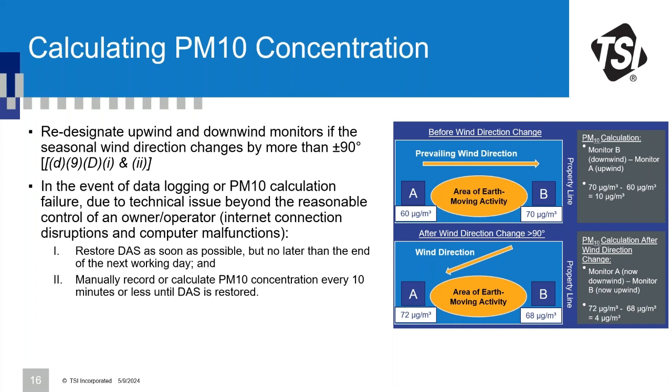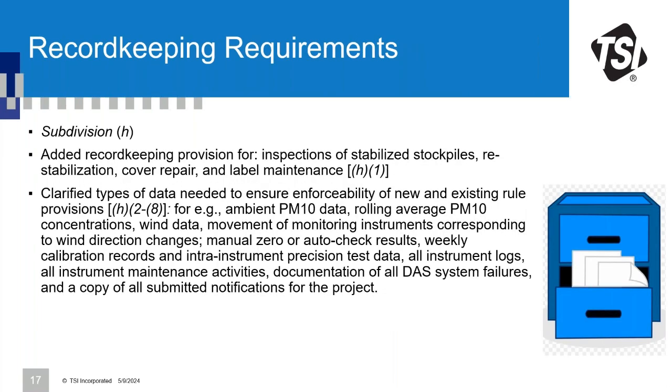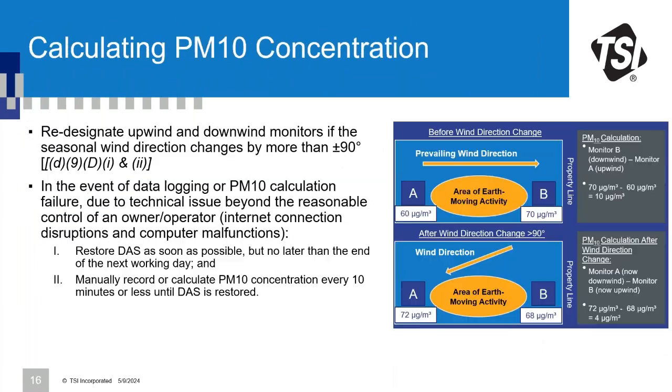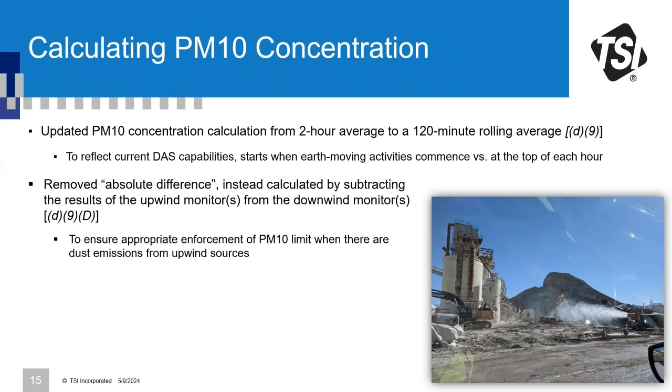And last question for now: does the 120-minute rolling average rule mean monitoring must start 2 hours prior to field activities? The 120-minute rolling average actually starts right when you begin the earth moving activity.